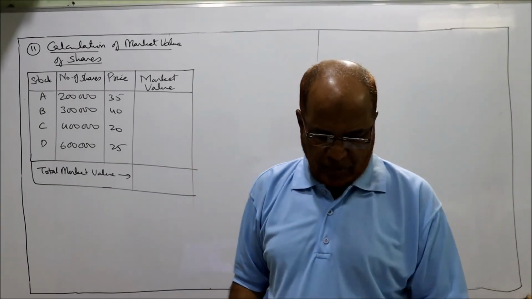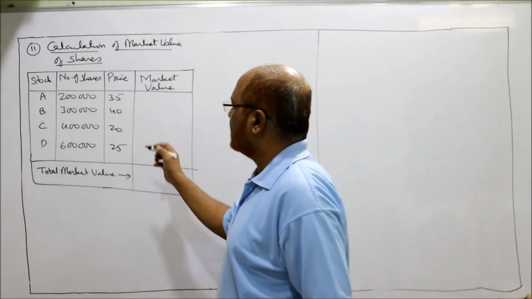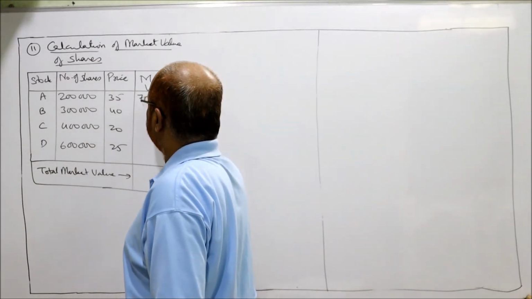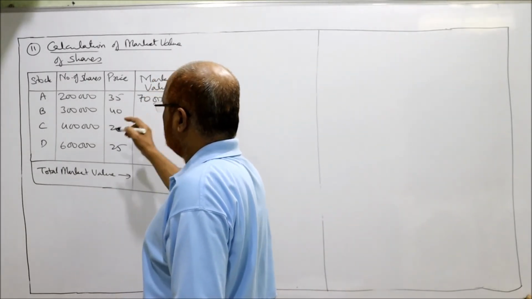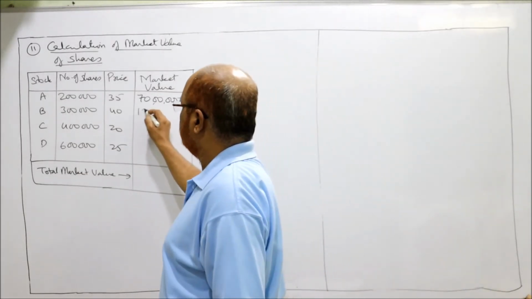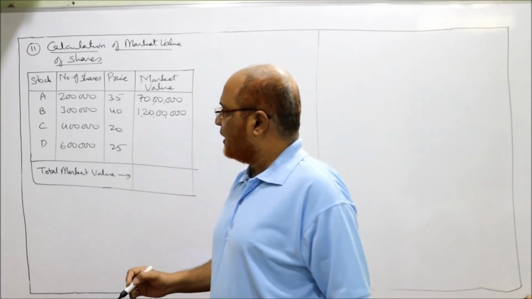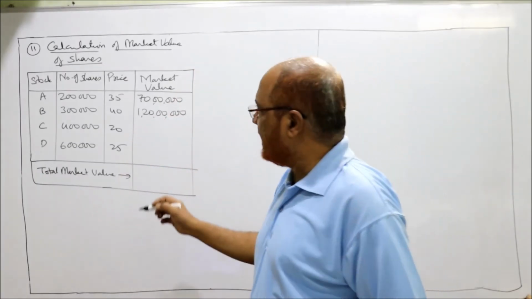Now we multiply 2 lakh into 35. 2 lakh into 35 is 70 lakhs. Similarly, 3 lakh into 40 is 1 crore 20 lakh. Then 4 lakh into 20 is 80 lakhs.